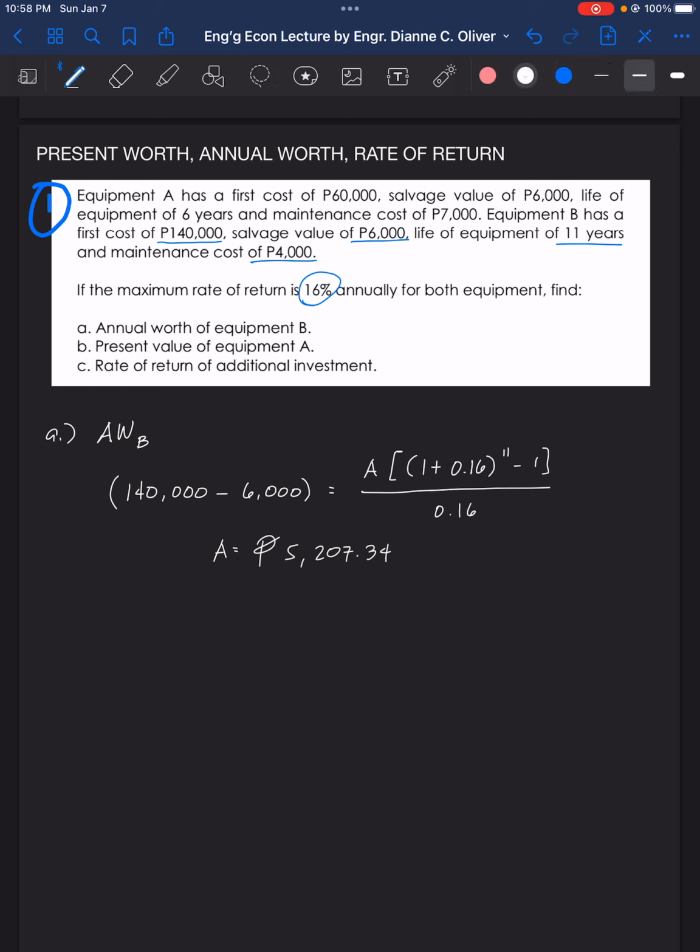Then for the interest on investment, we have the interest on investment that is equal to 140,000, the first cost, times 0.16.